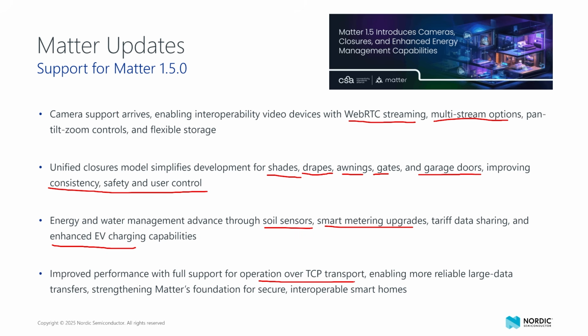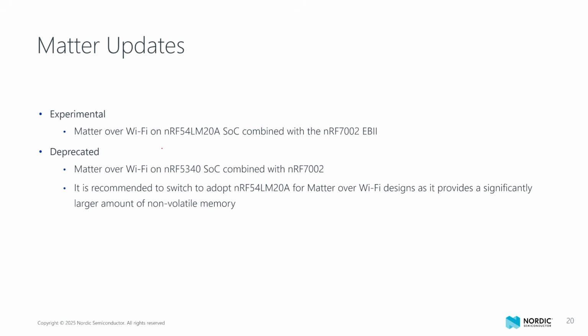What this does is that it enables more reliable, large data transfer, which strengthens Matter's foundation for secure and interoperable smart homes. So that's Matter 1.5.0. And again, if you want to get to the details, I recommend going through the CSA blog on the Matter 1.5 release.